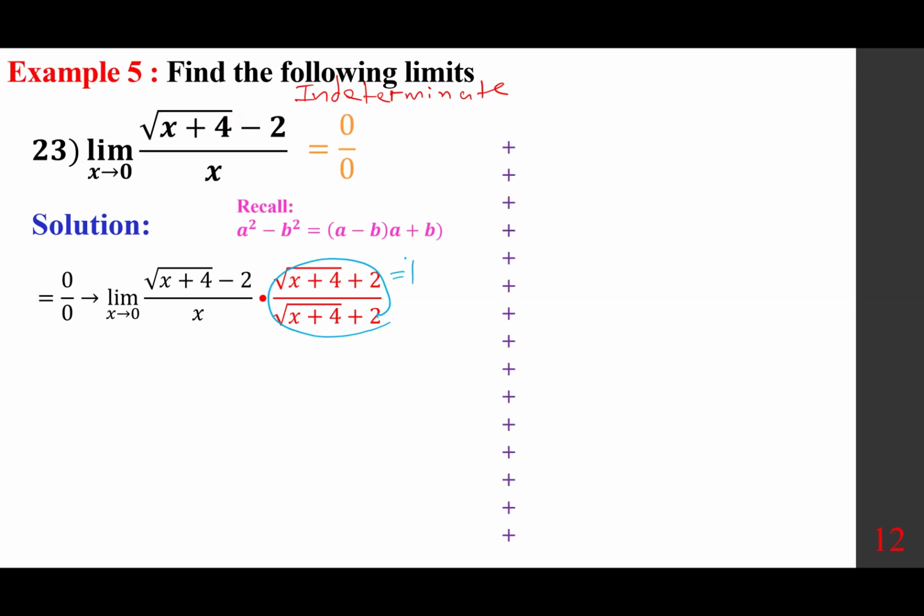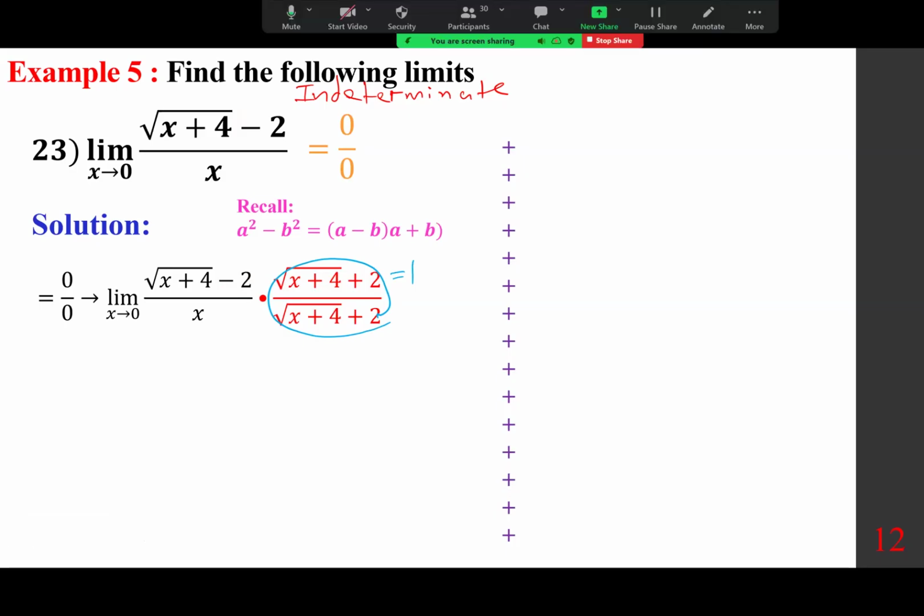And the numerator becomes square root of x plus 4 squared minus 2 squared, which comes out as x plus 4, and this comes out as minus 4.